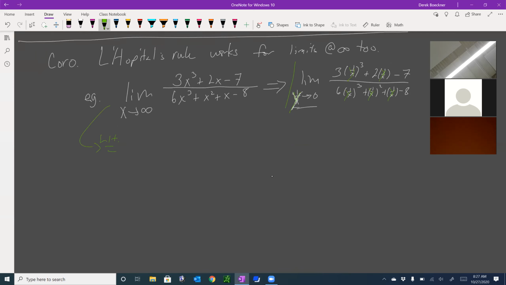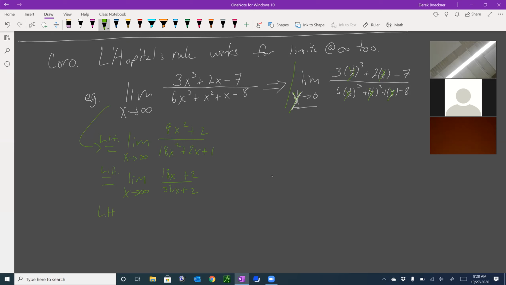Take the derivative of the top, and you get 9x squared plus 2 over 18x squared plus 2x plus 1, and you're still at infinity over infinity, so you use L'Hopital's rule again. You get 18x plus 2 over 36x plus 2, still infinity over infinity.